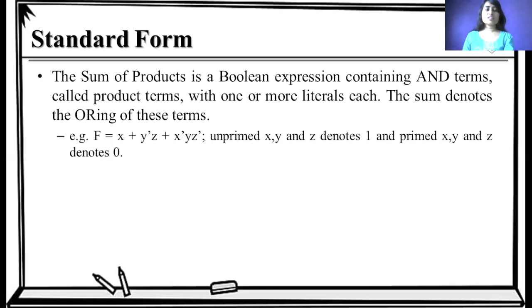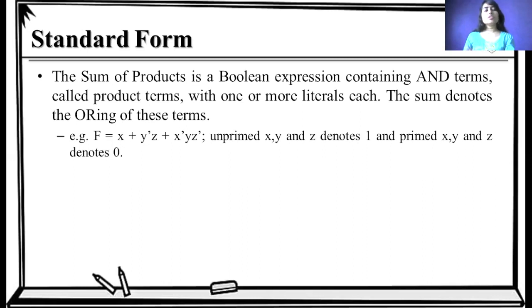Let's take an example. Here F equals x plus y'z plus x'yz'. In the first term, we consider only one variable, x. In the second term, we consider only two variables, y' and z. In the third term, we consider all the variables x, y, z.